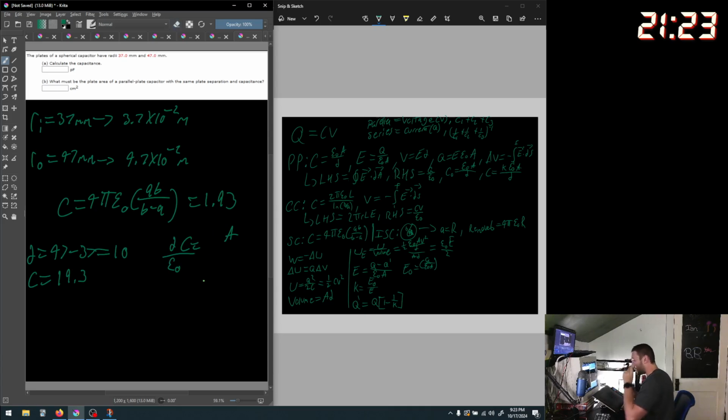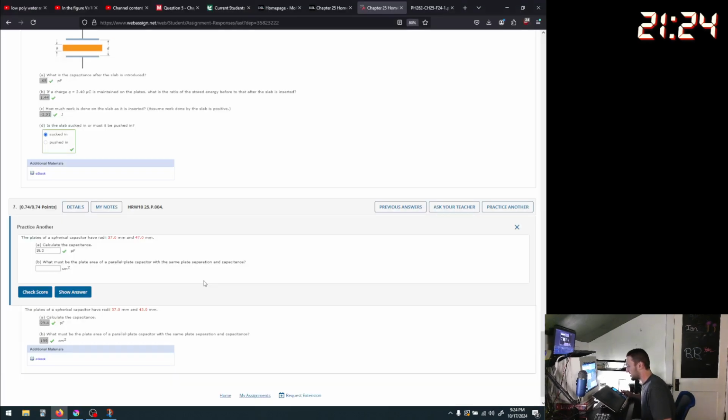A equals CD over epsilon 0. It'd be 19.3 times 10 over 8.85 times 10 to the negative 12th. Area is going to be equal to 2.1 times 10 to the 13th.